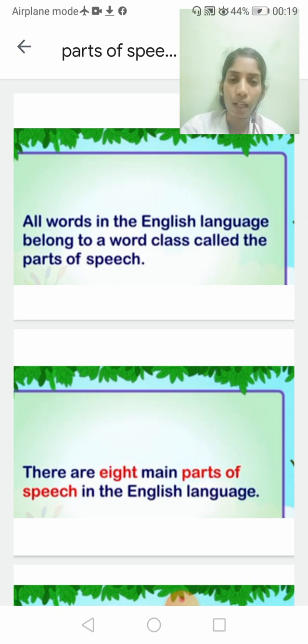It will help students to speak fluent English as well as write the language. So this is your objective.